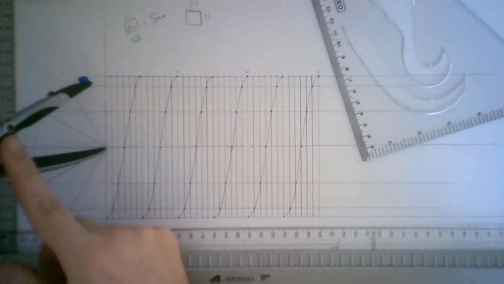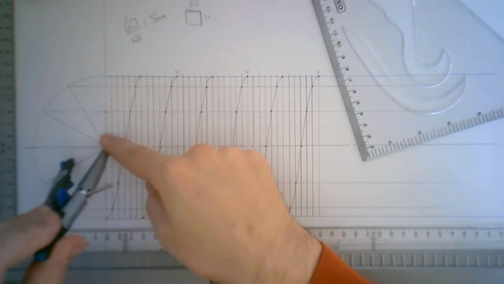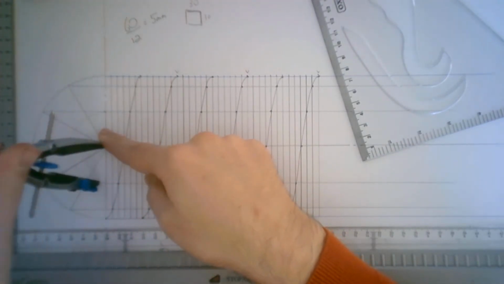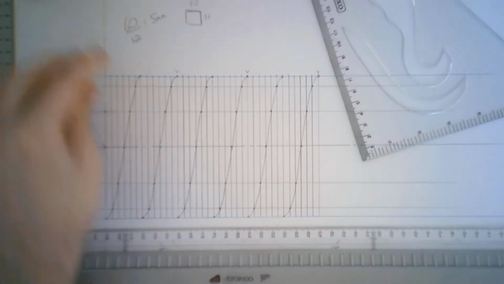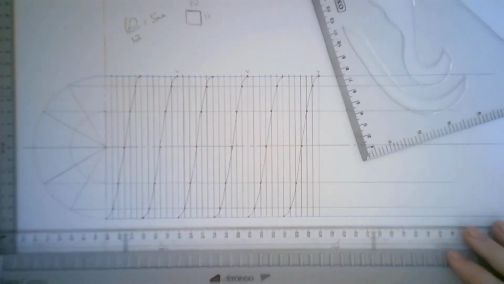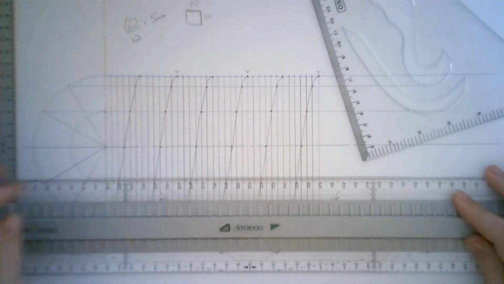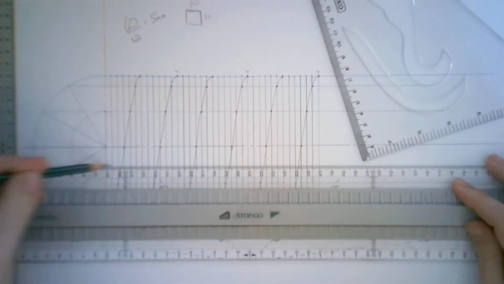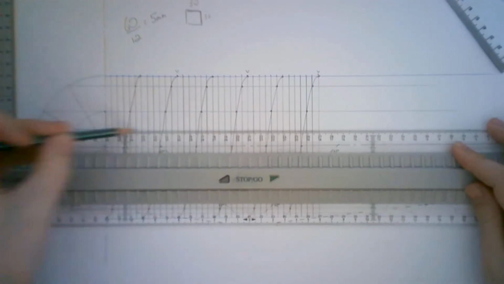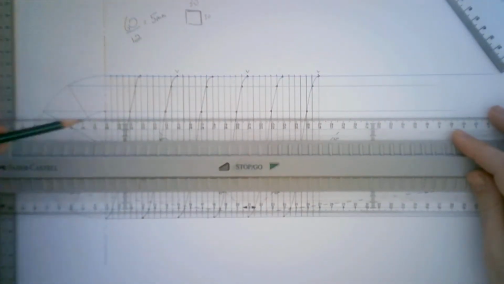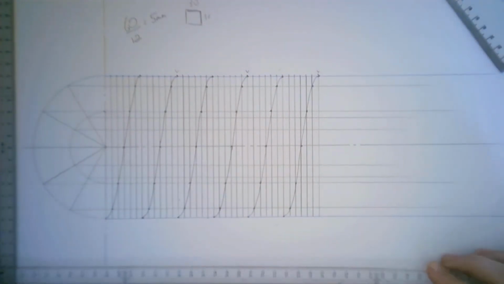So I will draw a circle. Okay, I will draw horizontal lines. And then I can start marking.